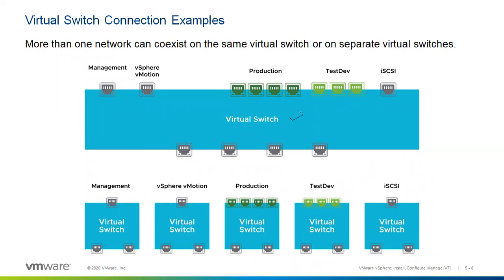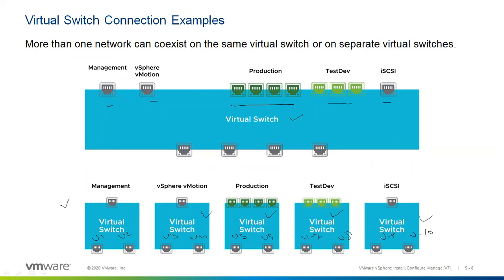This is a single virtual switch with multiple port groups and multiple VM kernel ports. But in this bottom example, it is showing I am using separate virtual switches for separate traffic. Here is uplink 1, uplink 2, uplink 3, uplink 4, uplink 5, uplink 6, uplink 7, uplink 8, uplink 9, uplink 10.